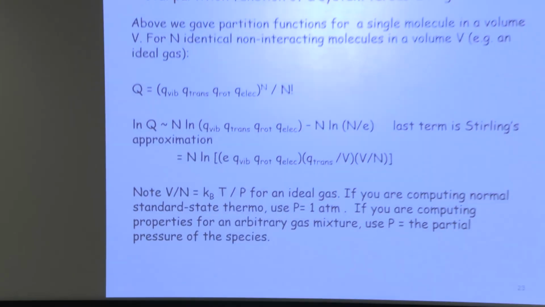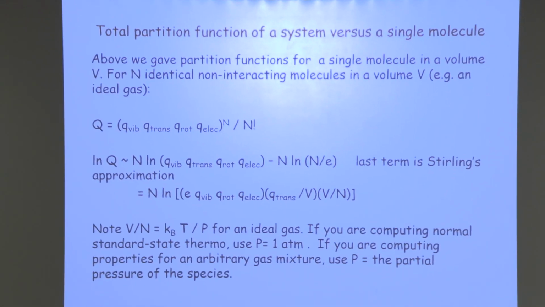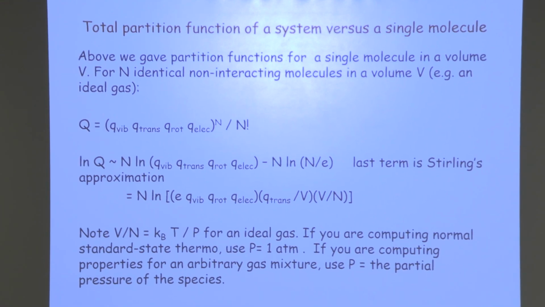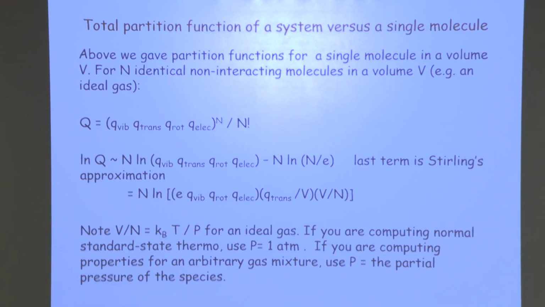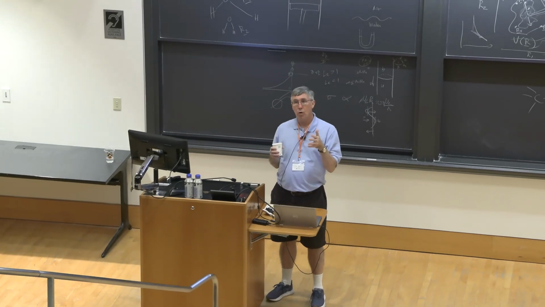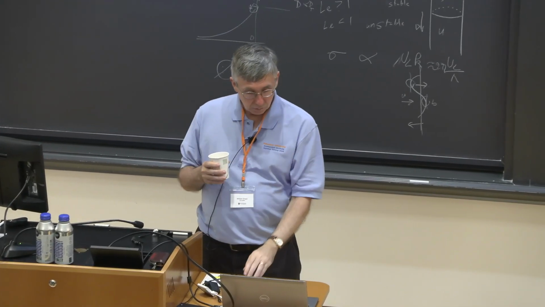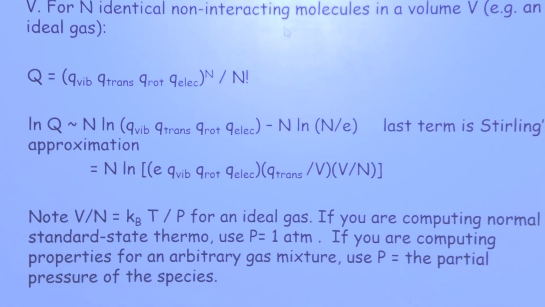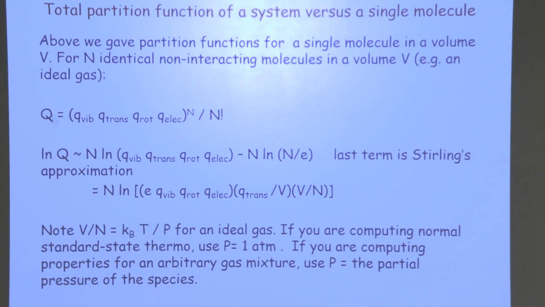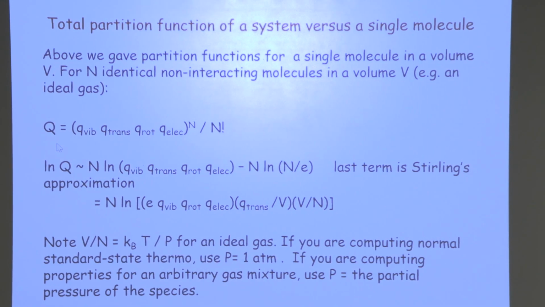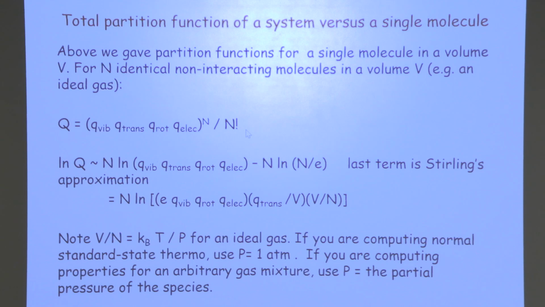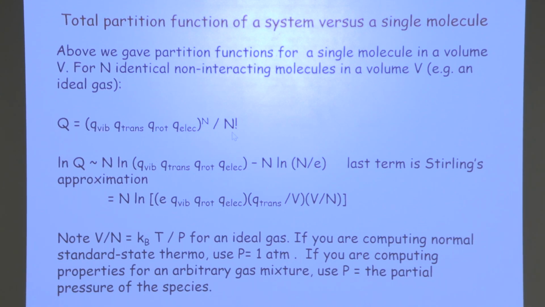All right. Another thing is that when we report the standard free energies, it's usually kilojoules per mole, right, is what we see in the tables. It's per mole, not per molecule. So if we've got a Q for a single molecule, and we want to get the Q for a whole mole of molecules, the way to do it is to take the number for the single molecule and raise it to the nth power, and then divide by n factorial, because the molecules in a mole of gas are all indistinguishable from each other.